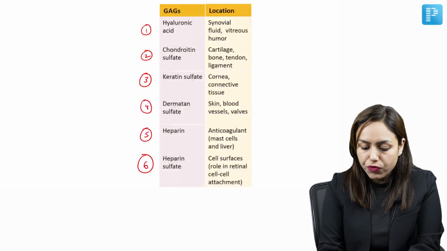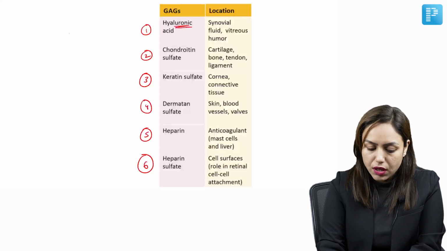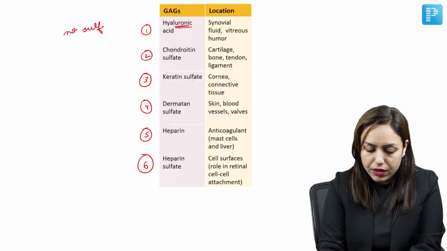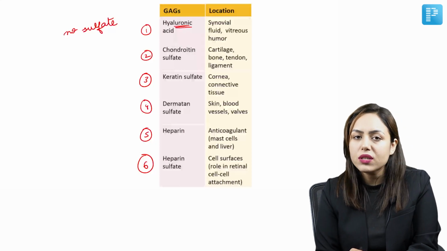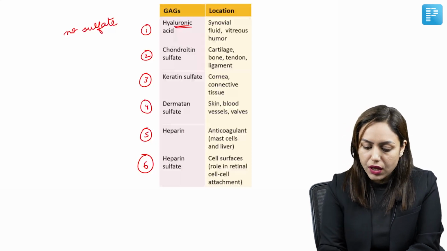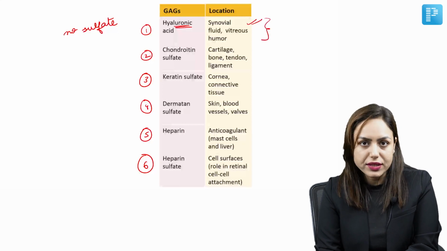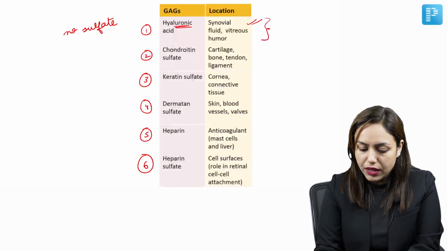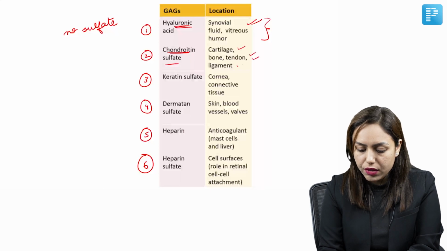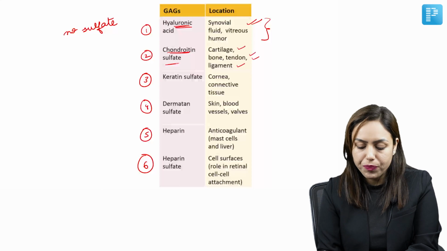Okay, so the first one, hyaluronic acid, which is having no sulfate. Otherwise, all the GAGs have sulfate. It is present in synovial fluid and vitreous humor of the eyes. Okay. Then chondroitin sulfate present in cartilage, bone, tendon and ligament. Okay.